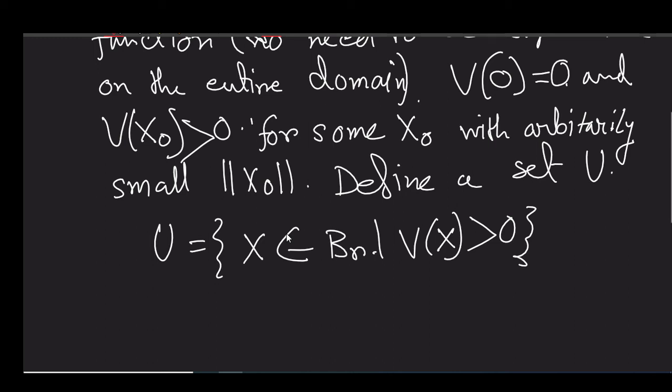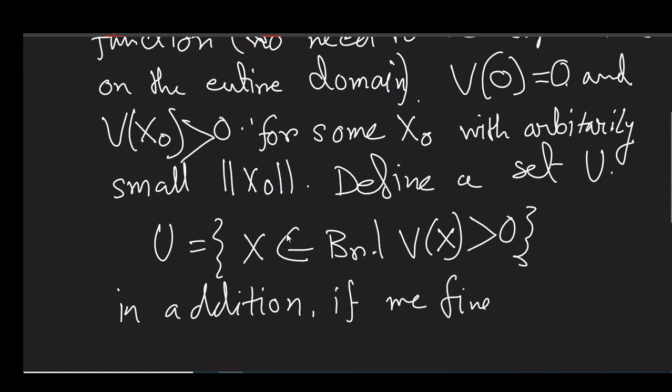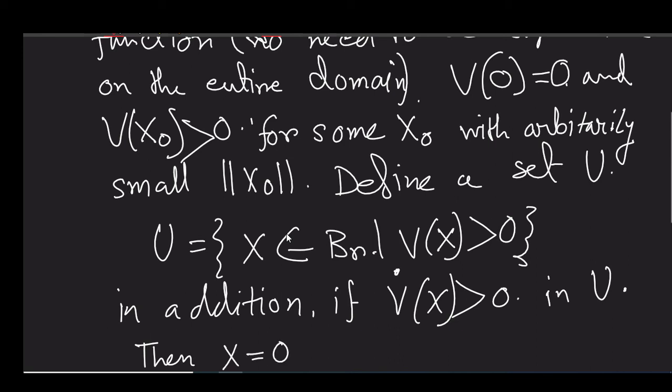If that is the case, then in addition, if V dot of x is greater than 0 in this capital U, then x is equal to 0 is an unstable equilibrium.